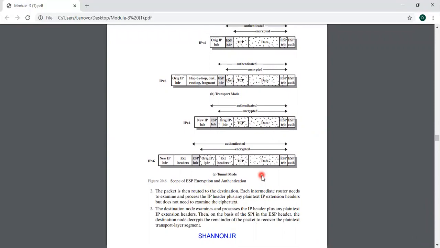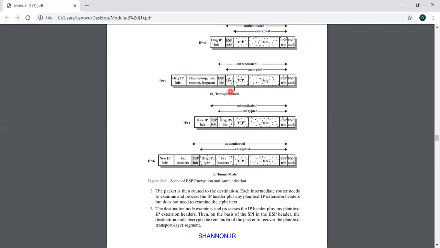If I want to transmit a packet from source to destination, at the source side I am providing some authentication, and after providing authentication I am transmitting to the destination. It means converting plain text to ciphertext, and then I transmit that packet. At the destination side, that ciphertext is converted to plain text, and the original data is recovered.